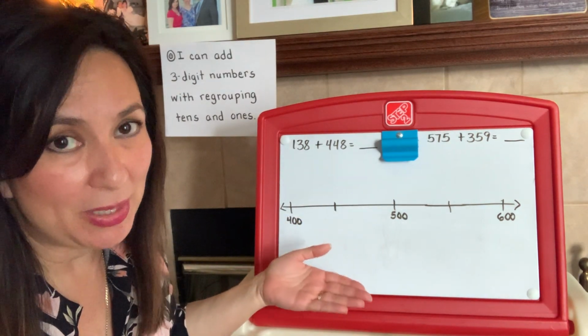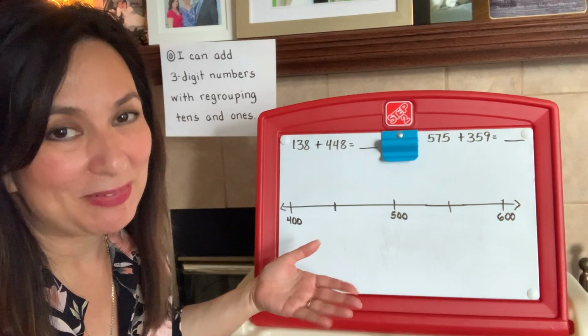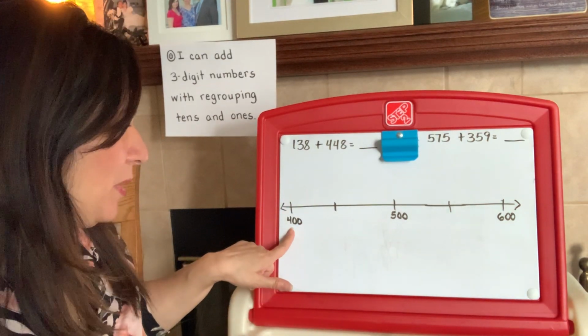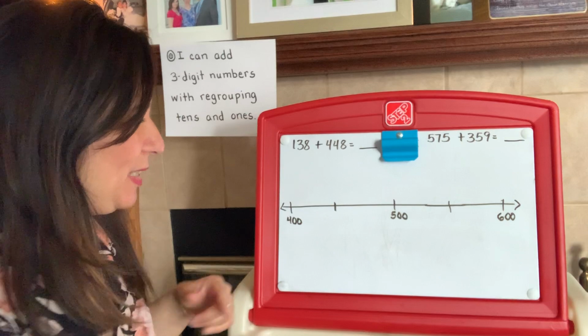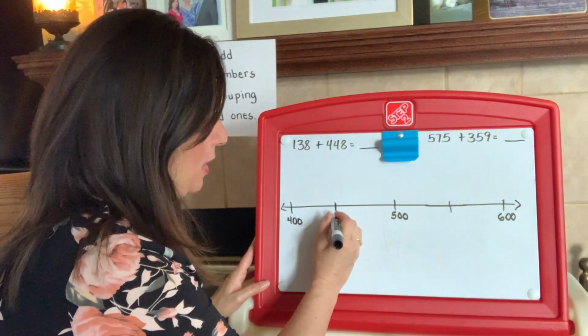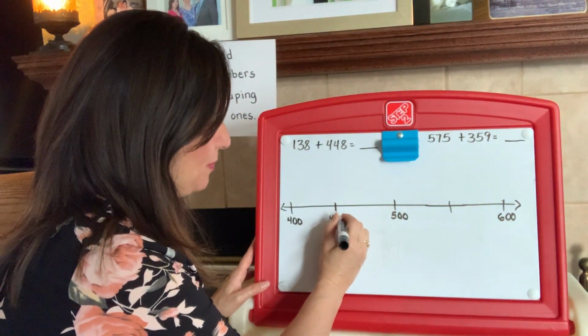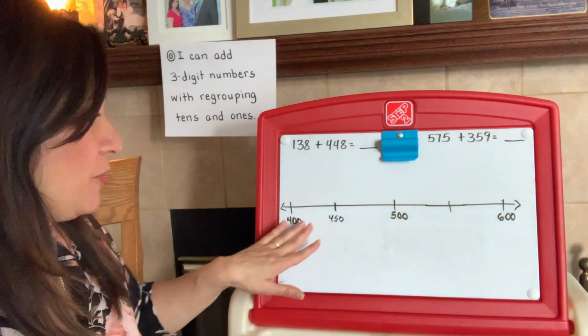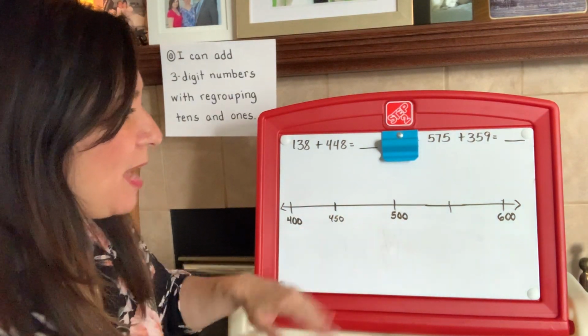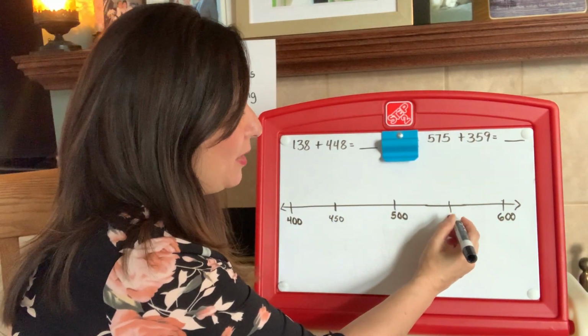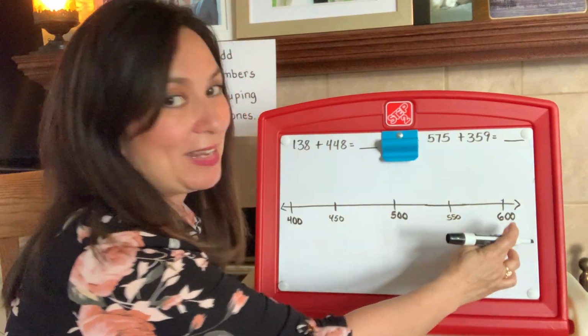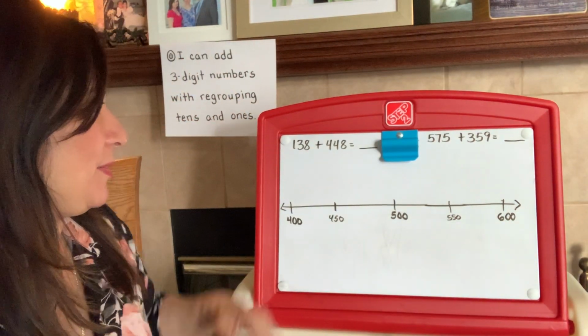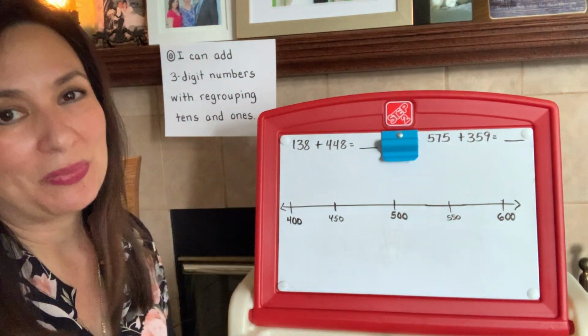Well, what's half of 100? Everyone say it. 50. So 400 plus 50 would be 450. So we have 400, 450, 500, 550, and then 600.